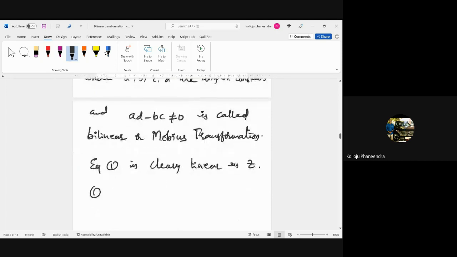Now, let us take cross multiplication and write the expression for Z in terms of W. Then what you will get?